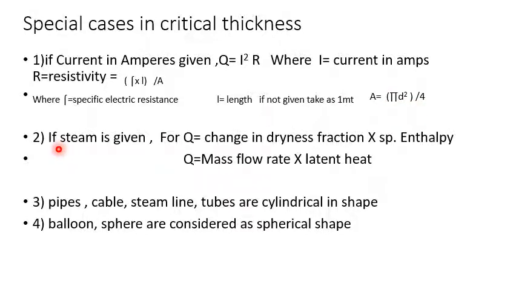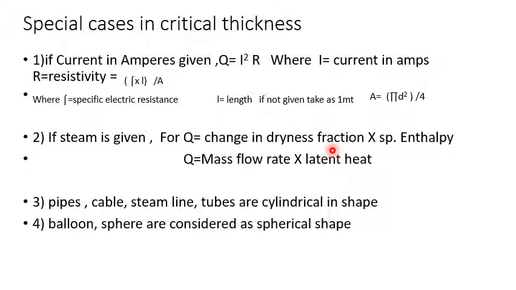If steam is given which is flowing inside the pipeline, then Q can be given as change in dryness fraction into specific enthalpy, right? Change in dryness fraction, this term we have used in basic thermodynamics or applied thermodynamics.